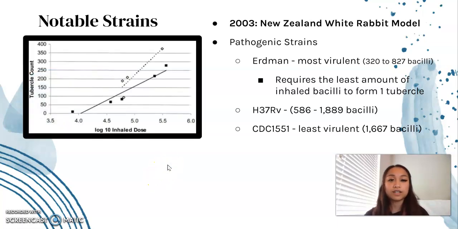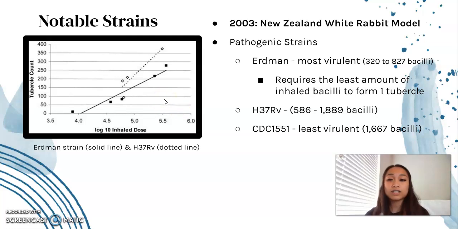So we see that Erdmann was the most virulent because it required the least amount of inhaled bacilli to form one tubercle, and the tubercle is going to be like a lesion. So it only required 320 to 827 bacilli, as shown here in this graph. And Erdmann strain is going to be the solid line. And then for H37RV, 586 to 1889 bacilli were required.